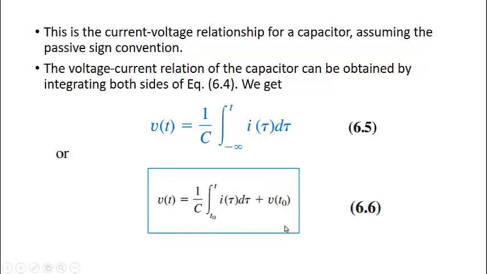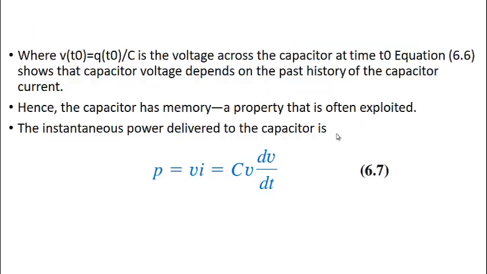We may call it the initial value or the value at t0. So we are actually exploiting this property of the capacitor because it is a memory type. It retains some charge, so this may be exploited as a memory of the capacitor. And this property has a very large application in day-to-day life.